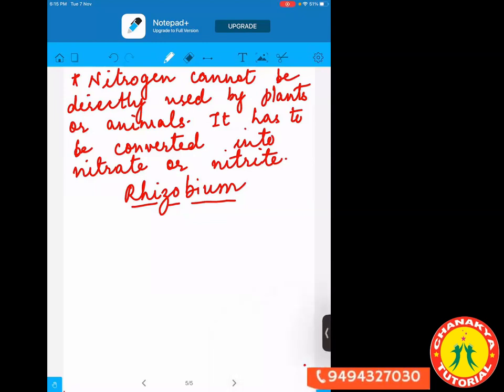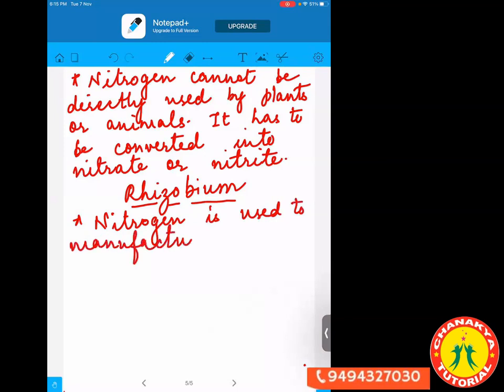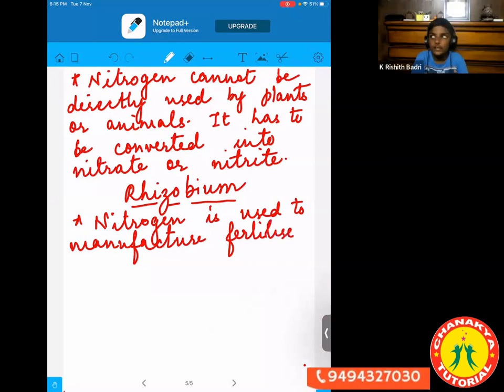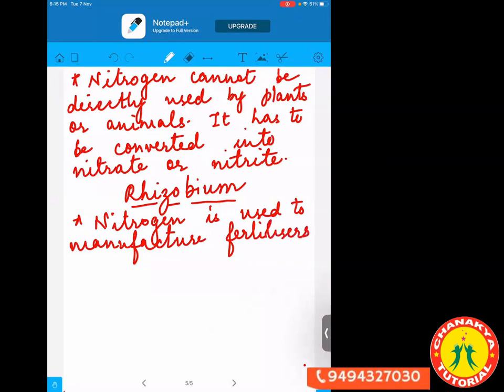Now moving ahead with the next point. Nitrogen is also used to manufacture fertilizer. Now, what are fertilizers? Ma'am, like the pesticides which are used for plants. No, not pesticides.